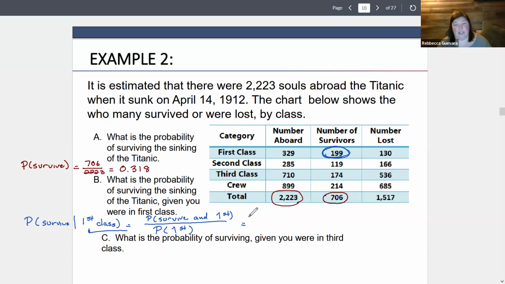So survive in first class, we have 199 people who were survivors in first class out of 2,223 passengers. How many people are in first class though? That was 329 people out of 2,223.